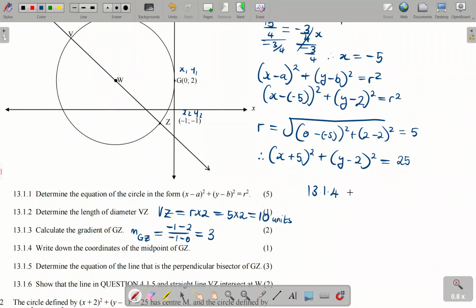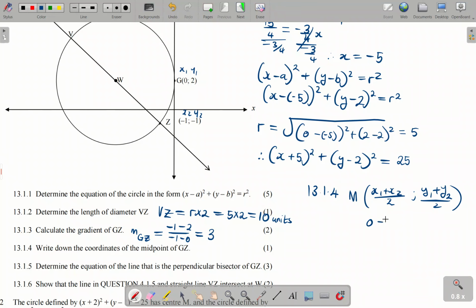So remember the midpoint formula: x1 plus x2 all over 2, and y1 plus y2 all over 2. We're just going to use GZ, the points G and Z. Z is negative 1, and the y value is negative 1 there. So your x1 will be 0.